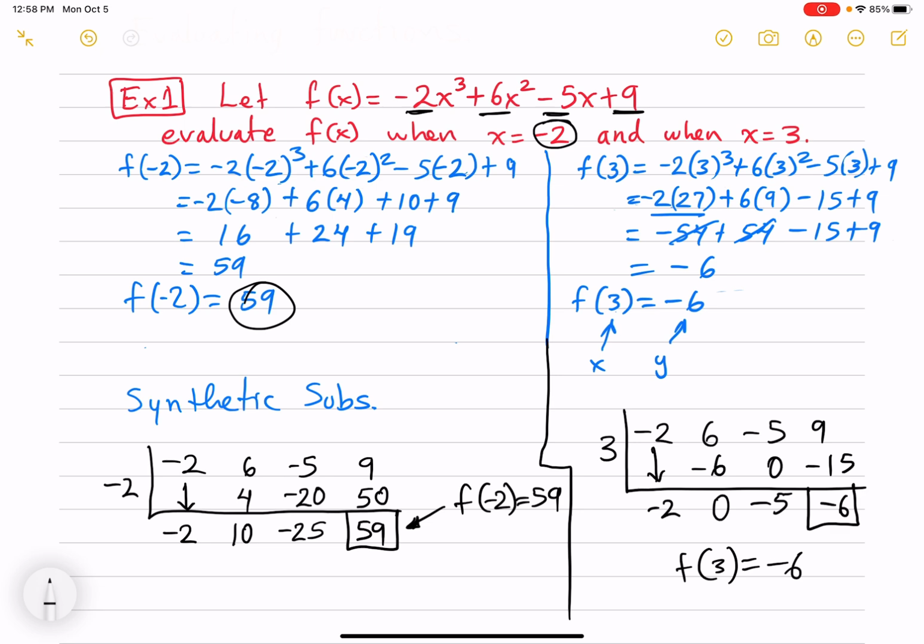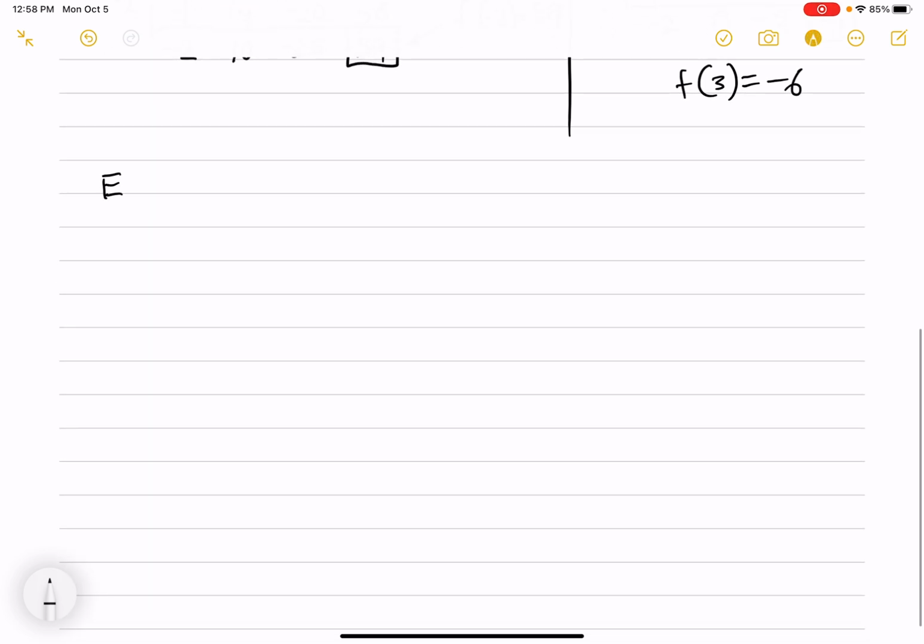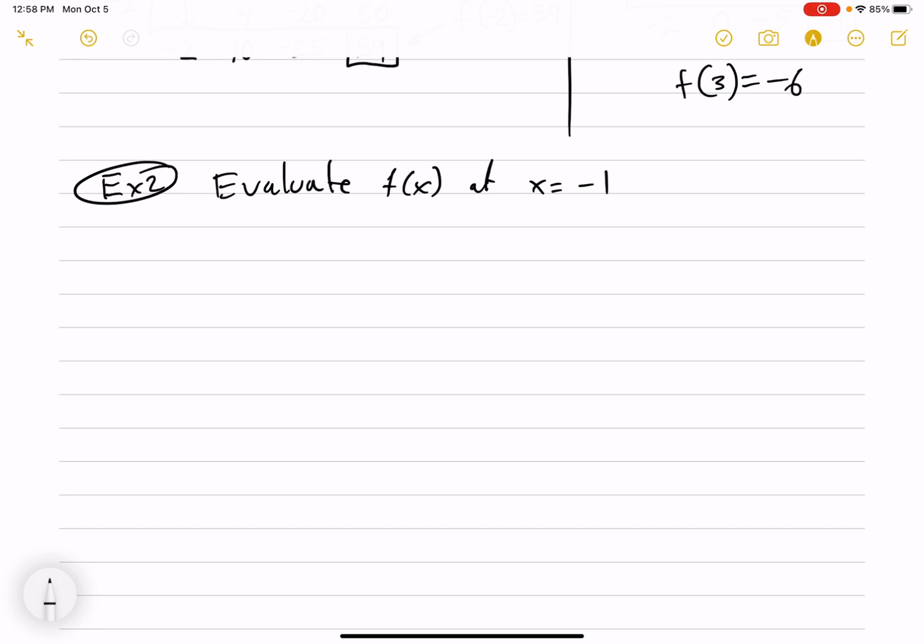Please, let me see if I could do another example with that. Let's go ahead and call it example 2, I guess. Evaluate f of x at x equals, say, -1 using synthetic substitution.